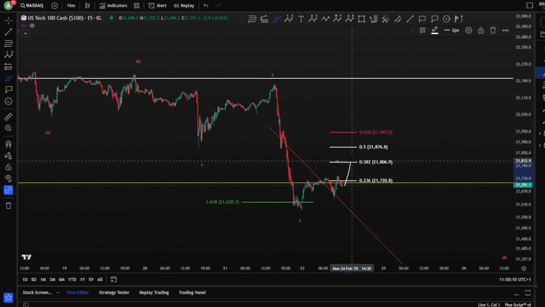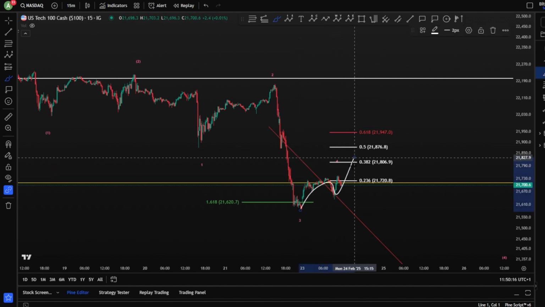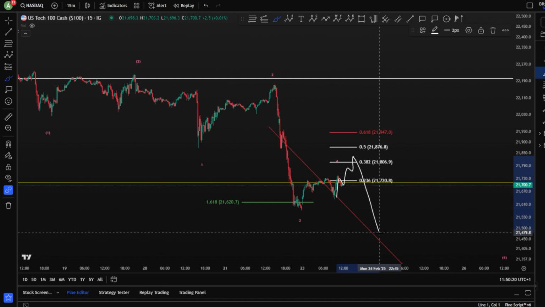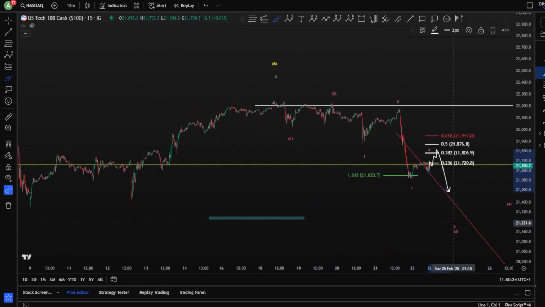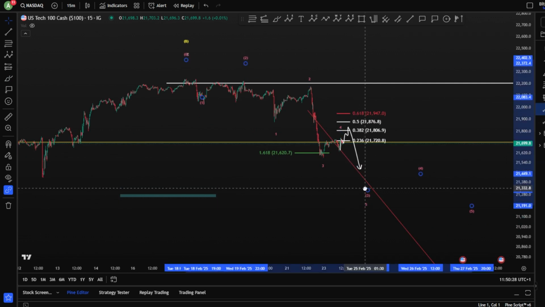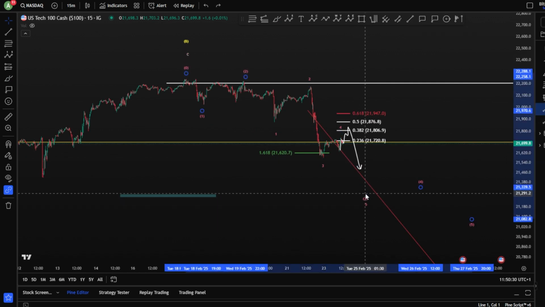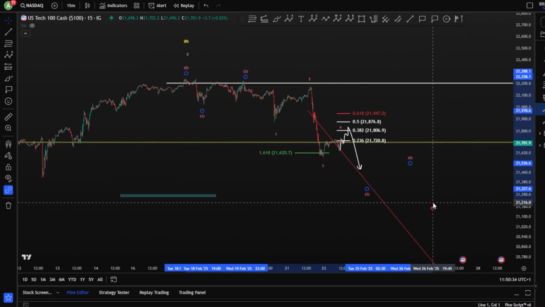We might move a little bit higher until 21K 800 for an A, B, and a C. Your wave C has to be an impulse toward the upside, and then moving continuously toward the downside with a wave 5. We would like to hit a wave 5, which might not be very deep as mentioned here. So let's see wave 5, 4, and a 5. Here we go.